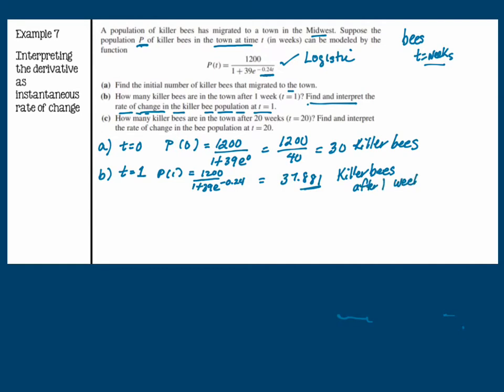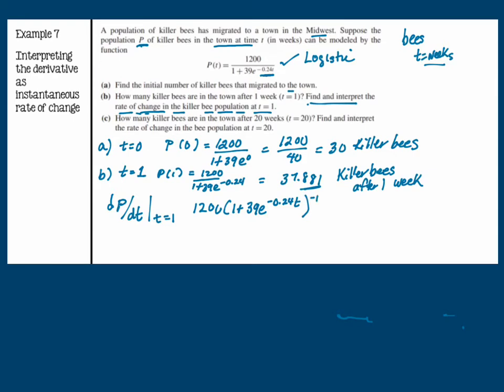Now we want dP/dt at t equals 1, so we have to take the derivative of P of t. I'm going to rewrite this as 1200 times (1 plus 39e to the negative 0.24t) to the negative 1.